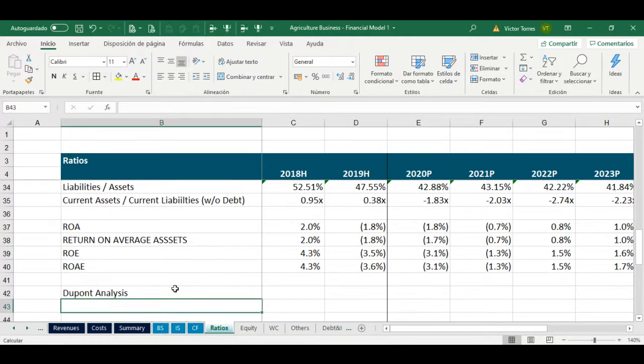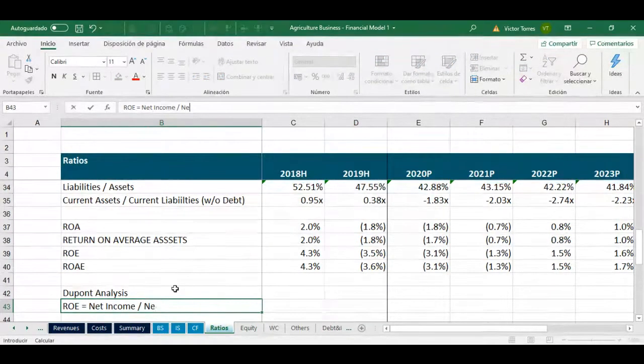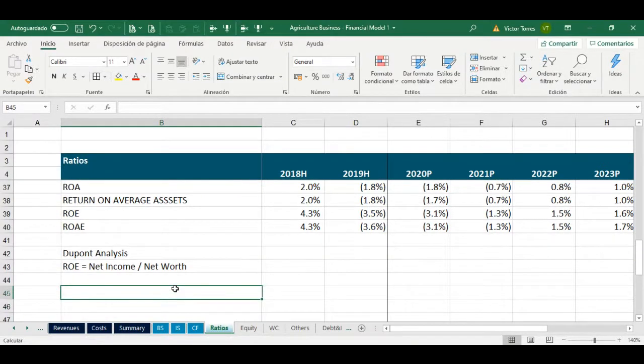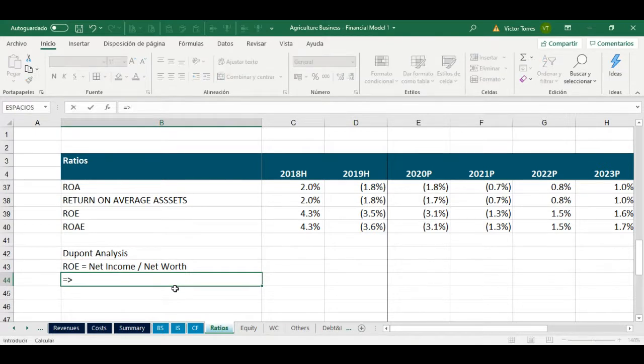So in our element here, the ROE, you're going to have net income over net worth, utilidad del patrimonio. We do that by decomposing this ROE into different elements, and it can be extended into the DuPont analysis, where we analyze it from three different sources. Through this, ROE as net income divided by net worth can be estimated with three different ratios, as you know in the DuPont analysis.